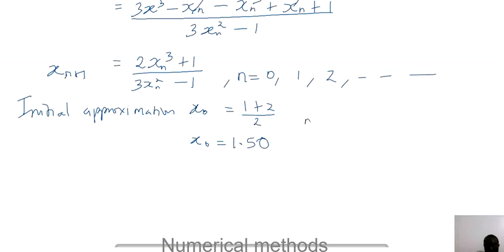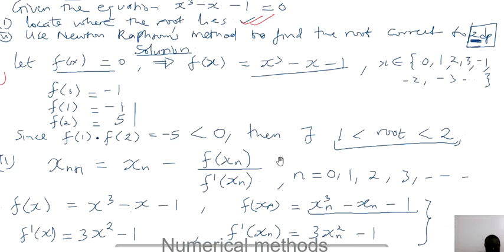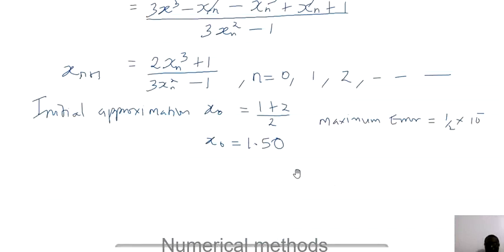So we have maximum error is going to be a half times 10 power negative n. But what is the n? n is the number of decimal places, and for us we have 2 decimal places, so this is power negative 2. So in terms of decimals, this will give us 0.005.